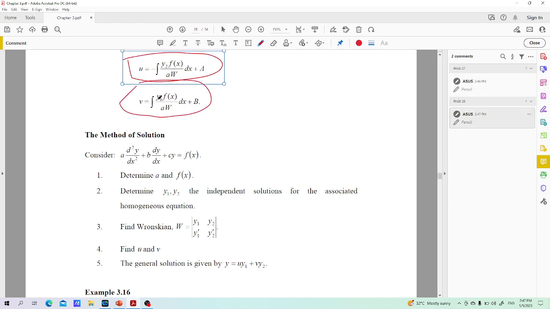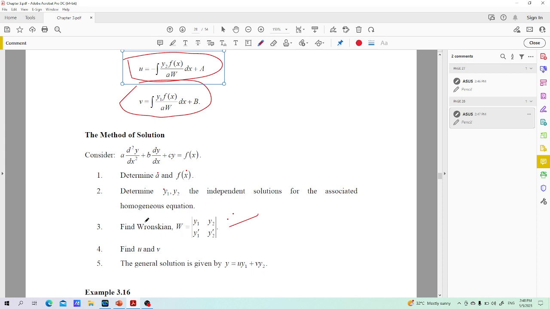So we need to integrate them. Alright, so we need to find the W. How to find the W? We can see here we have the determinant to find the W. First of all, we have an equation, and then we determine the a function and the f function, and after that determine y1, y2, independent solutions of the associated homogeneous equation.